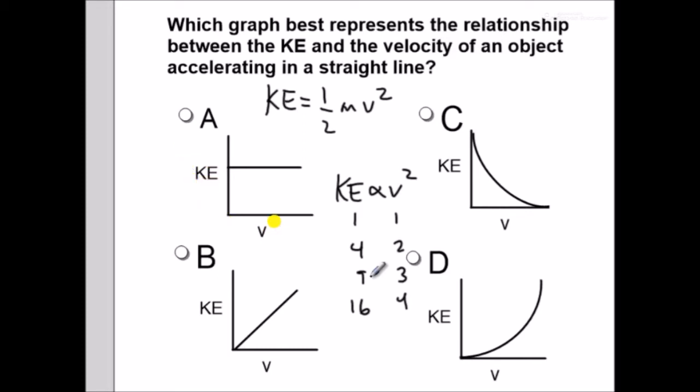That means there is no change in the kinetic energy. So this doesn't represent the relationship between kinetic energy and velocity. Why? Because here as the velocity was increasing, kinetic energy was also increasing. It was not being fixed. So option A cannot be a possible option for us.